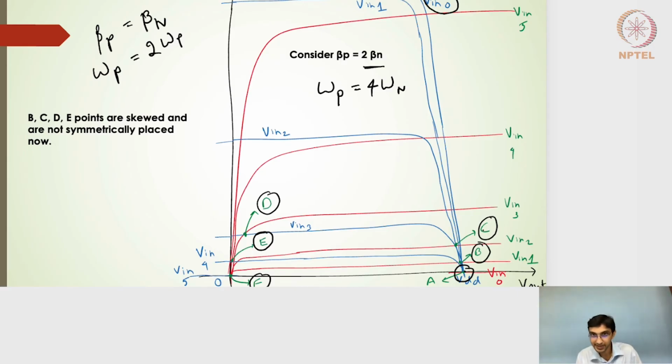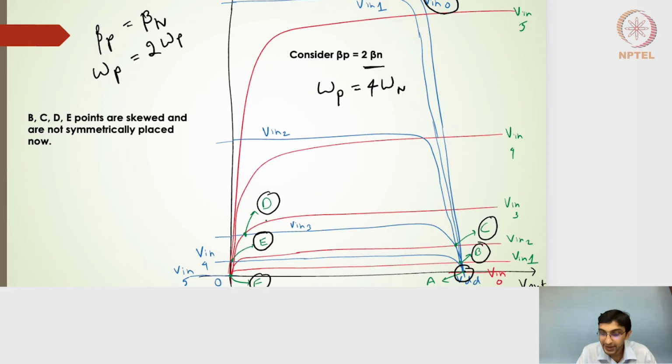Whereas in this particular case, because of the skewness of the betas, the magnitude of the current of the PMOS and NMOS in the IV characteristics is slightly skewed now, and thereby the positions of B and C don't match the positions of E and D. What I mean by the positions is the levels of B and C don't match the levels of E and D. Right, E and D are slightly above that of B and C.